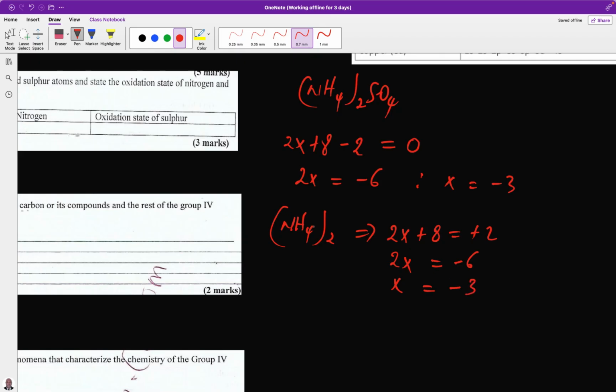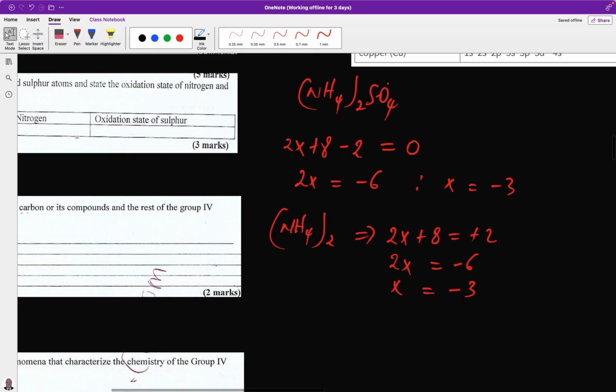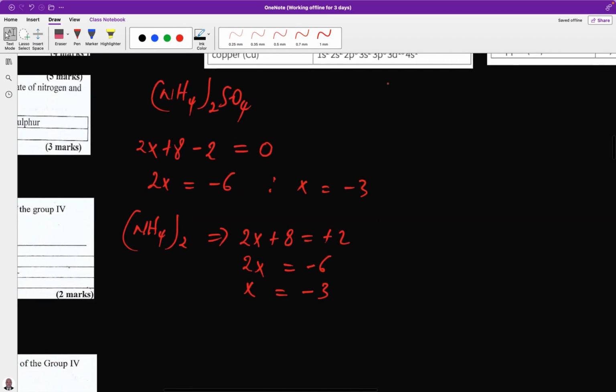So either you use this, and when you use this alone, you assume it to be equal to the oxidation number for ammonium times 2. There are 2 of them there. But I prefer to use this one, calculating it and taking the oxidation number for the radical to be -2.